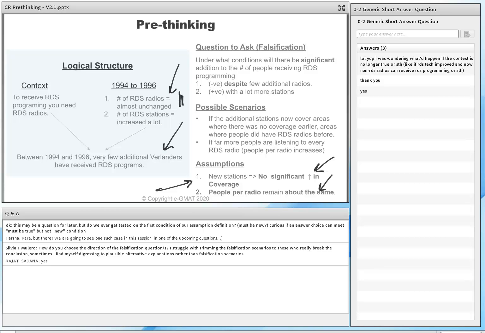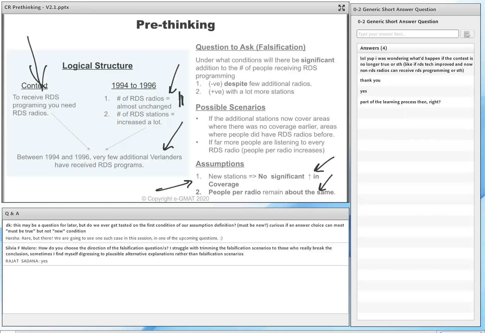The other point, which you see in the comments here: I was wondering, yes, part of the process of learning, what happens in the context that's no longer true if the technology improved? Remember this, that's a good way of thinking, but you always have to maintain the constraints given over here, and the constraints are driven by this: to receive RDS programming, you need RDS radios.